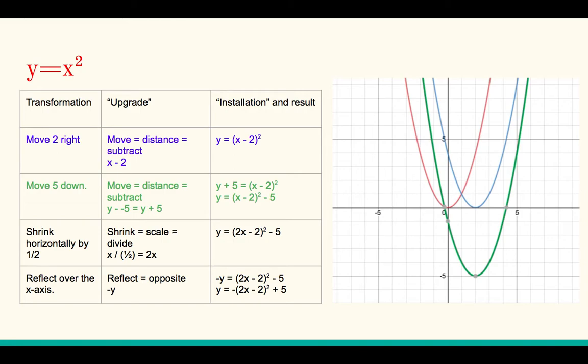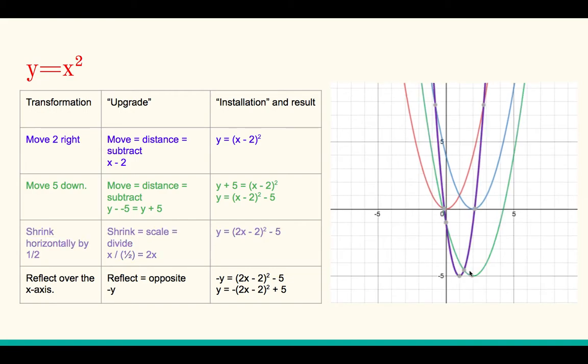Now, I'm going to shrink horizontally by 1/2. What that means is that every point on the green parabola is going to go halfway in towards the x-axis. So this point is going to come halfway in. This point is going to come halfway. So when you shrink horizontally, you're taking the distance that already exists and cutting that distance in half.